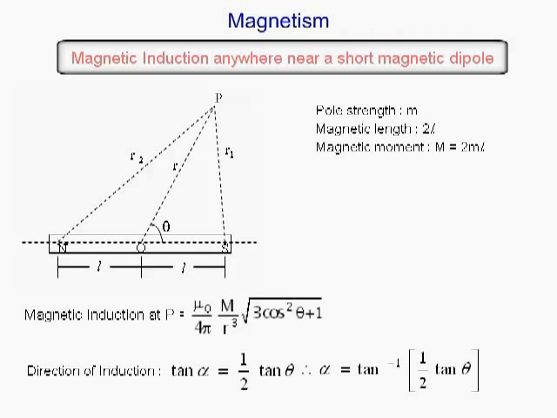So alpha is the angle made by the resultant magnetic induction with the line joining the given point and the center of the magnet. Thus, the total angle made by the resultant at point P with respect to the axis of the magnet is theta plus alpha.